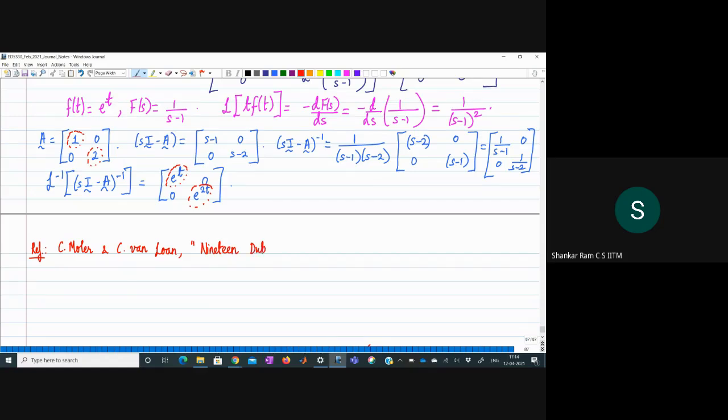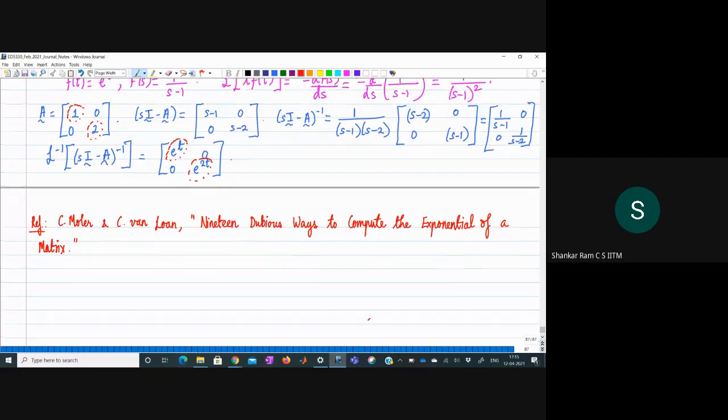The article is titled "Nineteen Dubious Ways to Compute the Exponential of a Matrix." So that's the title of the paper. It's a nice article, and you could look at it if you are interested in learning more about this topic.